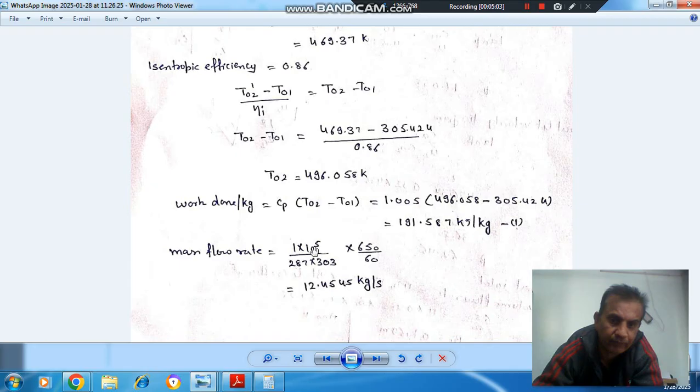Now to find the mass flow rate, we have to multiply the volume flow rate with density. The density at inlet can be calculated from the given pressure, that is 1 bar, 1 into 10 to the 5, R is 287 and temperature is 303 Kelvin. The volume flow rate is given as 650 meter cube per minute. So that is 12.4545 kilogram per second, your mass flow rate at inlet.